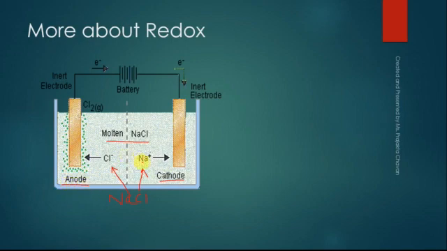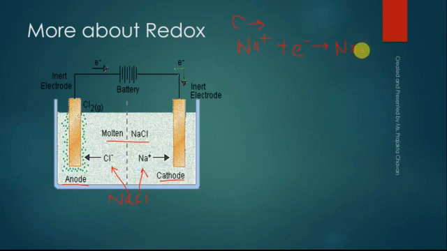Okay, now let us understand more about this. In cathode, what is happening near cathode or on cathode? As soon as we have Na plus here, students, Na plus will gain electron and it will get converted to sodium atom.